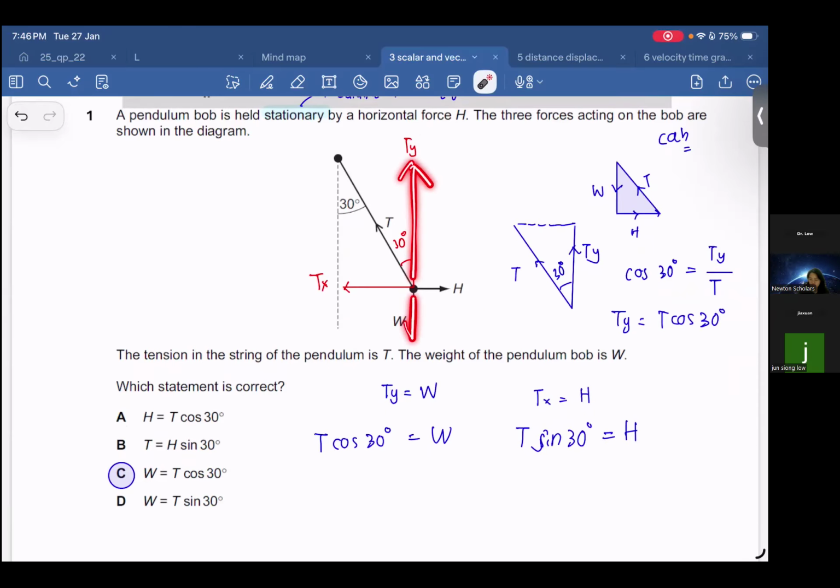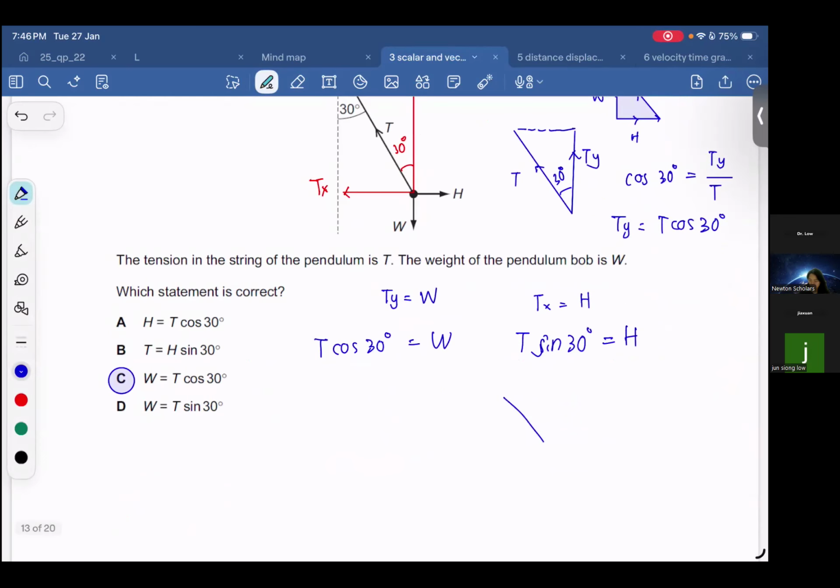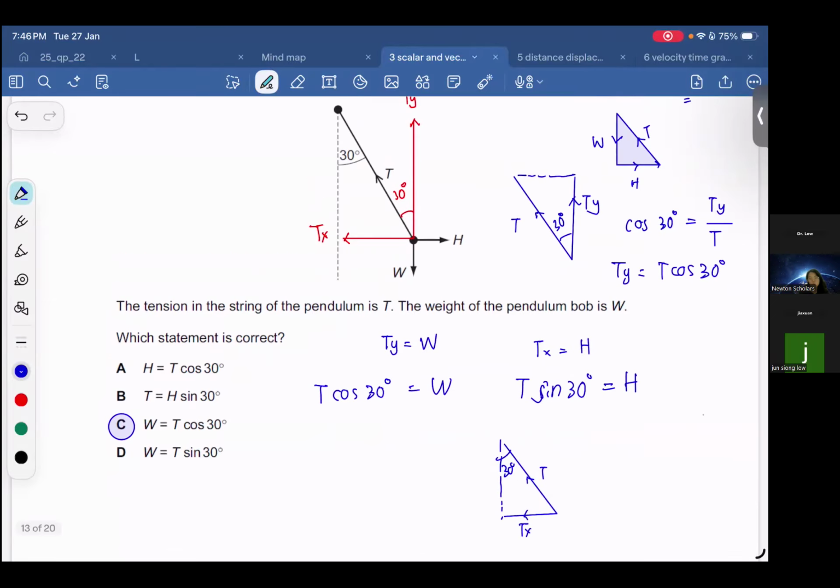Okay, yes. So from here, Ty should be equal to W. That's why T cos 30 degrees equals W. Then if you want to talk about Tx, teacher, how about Tx? Actually, it's also mathematics like this. This is T, this is Ty, this is Tx. The angle 30 degrees is here, so how do we solve it? We can use sine, SOH.